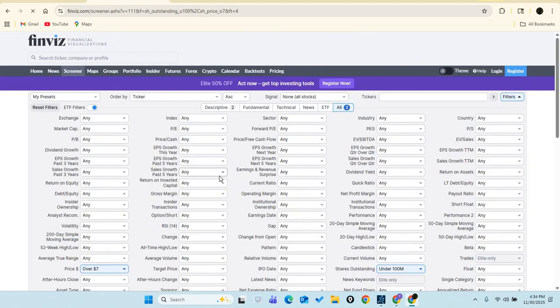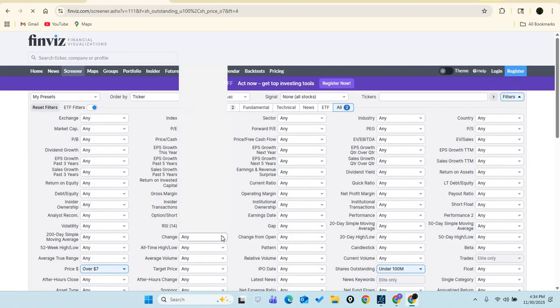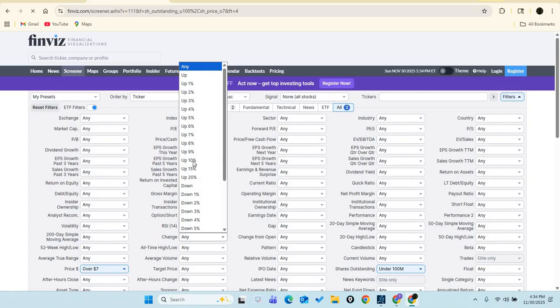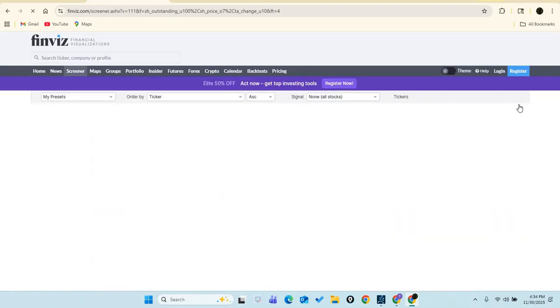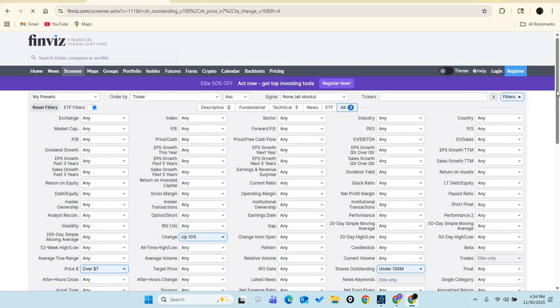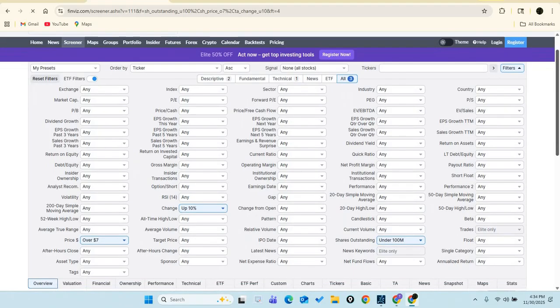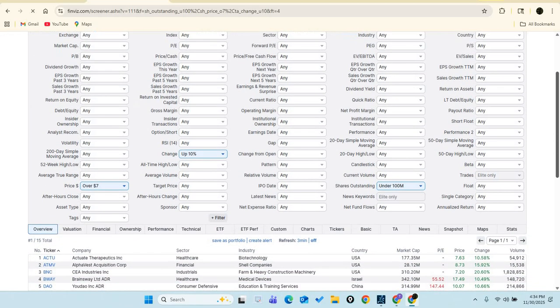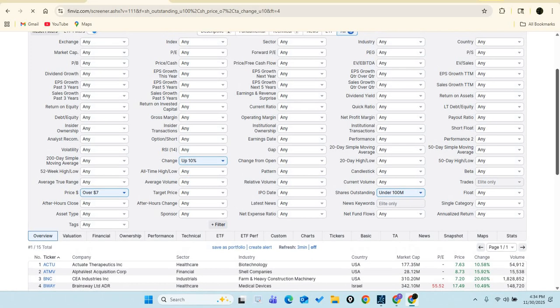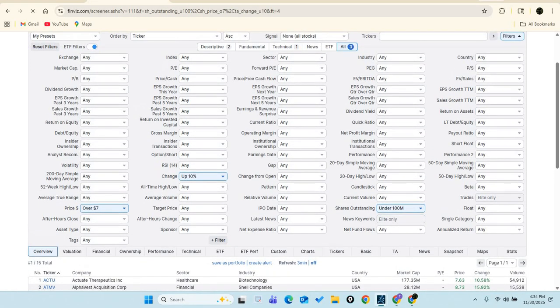We're gonna do change. Let's say we want something up at least 10% today. This is not my real scanner, you guys, it's however you trade, but this is one of my strategies. You can pretty much scan for everything.